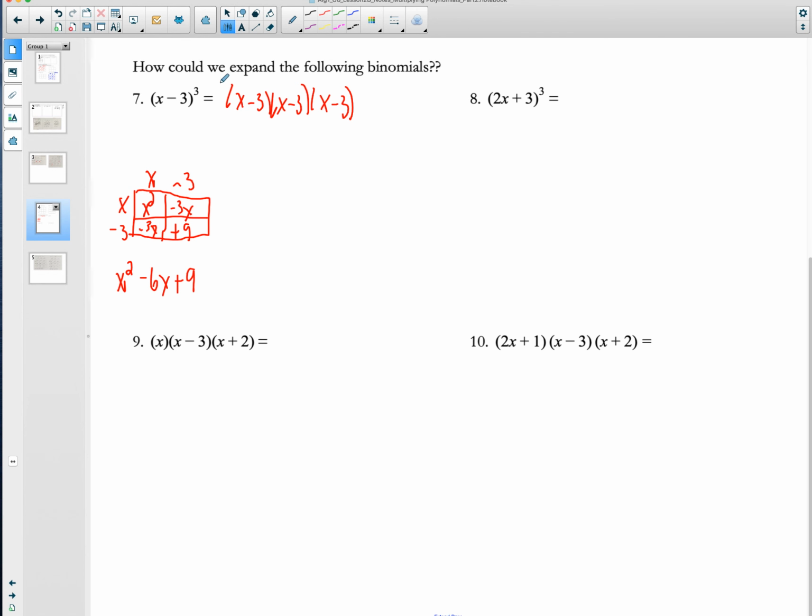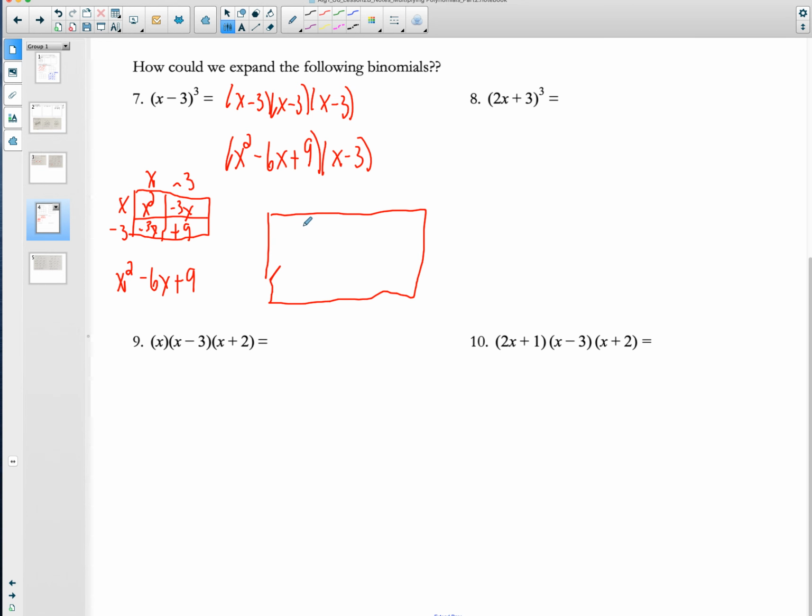So now I know what this is. x minus 3 times x minus 3 is x squared minus 6x plus 9. And then it's times x minus 3. And so notice by doing this, this is now just like what we were just doing. So now I have a binomial times a trinomial, and that's why it's a two-step problem, because now you have to do another multiplication problem.